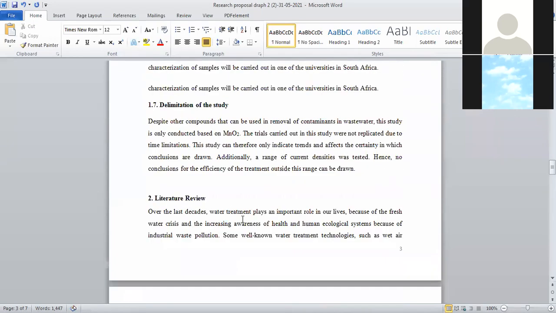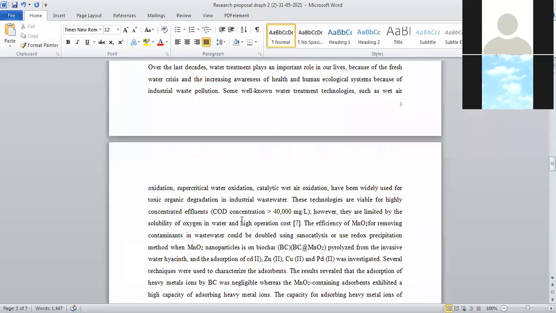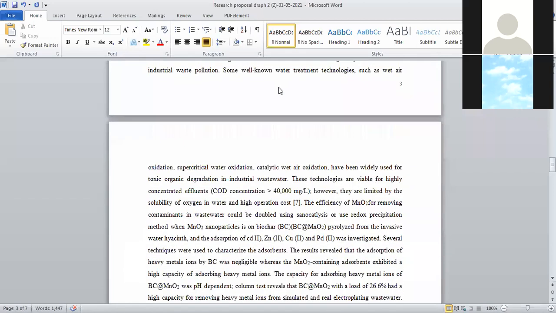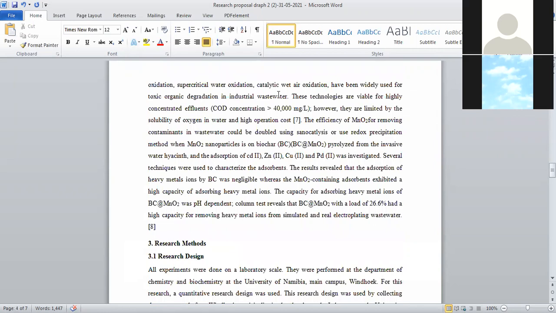You have to go through the whole literature of the last 5, 6 years on the topic of your proposal, then you write about that. You have to use proper sentences in that. You have to add the references, numbers, as shown in this Vancouver style, which we are always following.